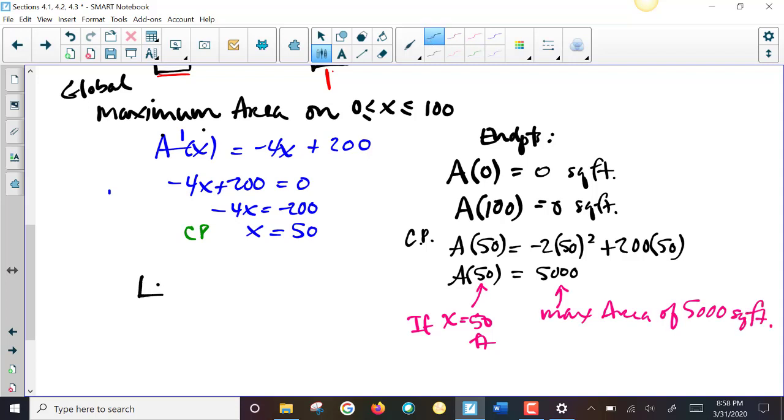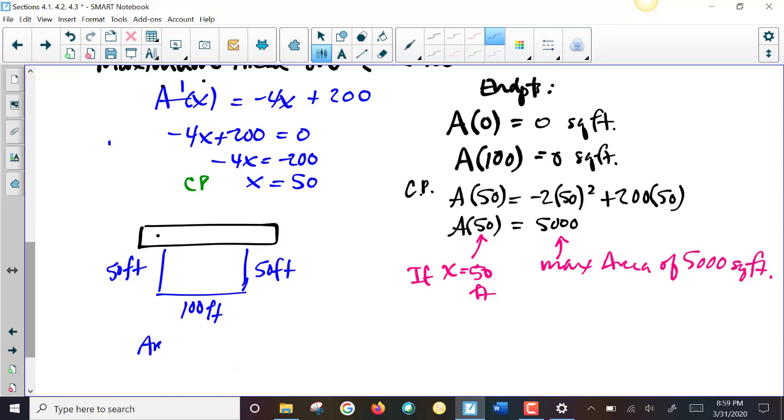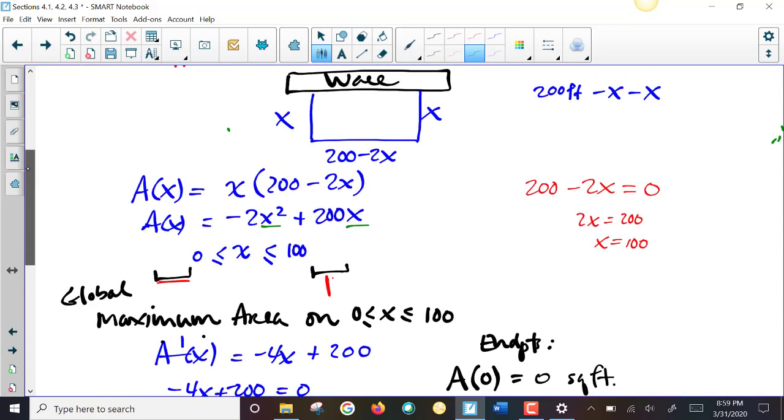So our picture would look something like this. We would make the dimensions 50 feet on the two sides, which would leave the third side 200 minus 50 times 2, which means 200 minus 100 is 100 feet. And then we can double check: area is length times width, and we get 5,000 square feet.